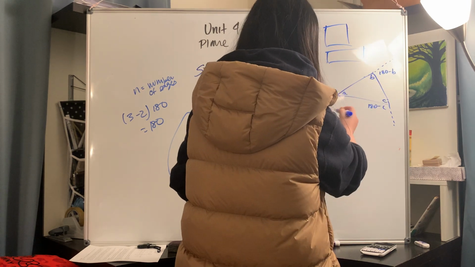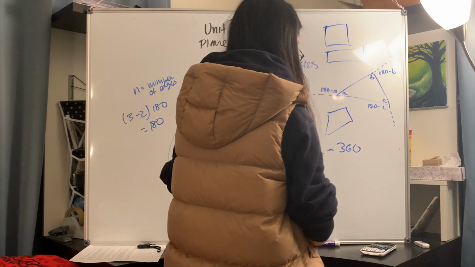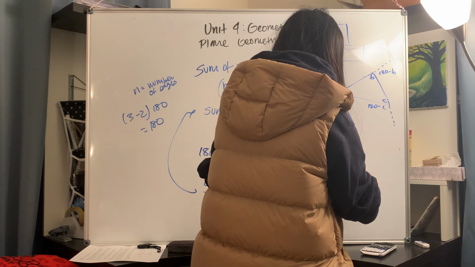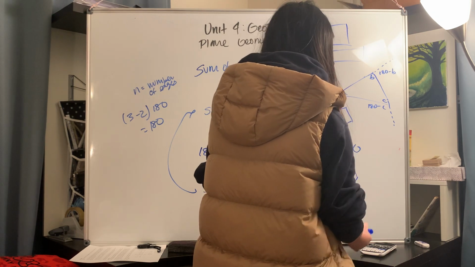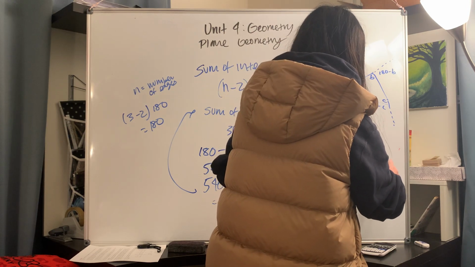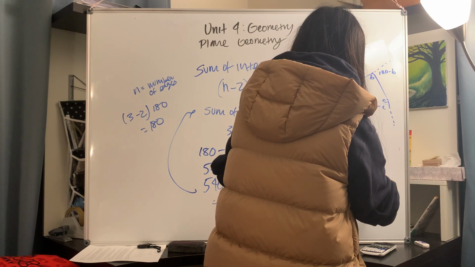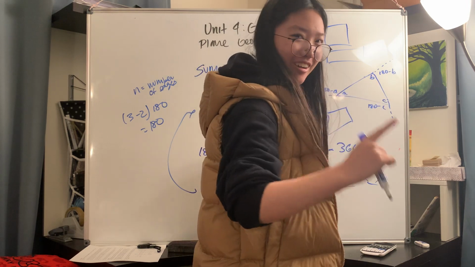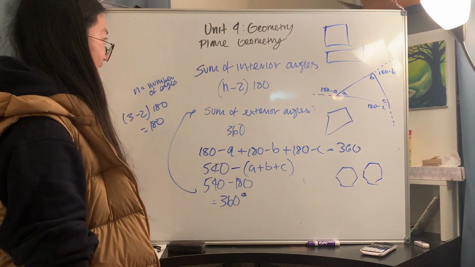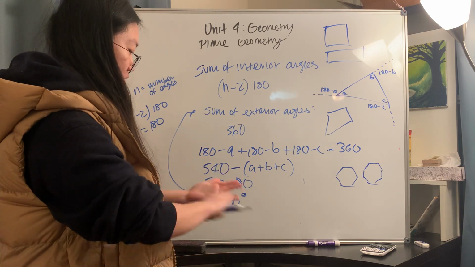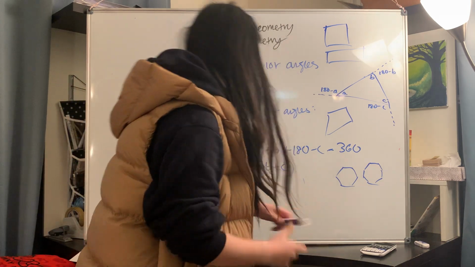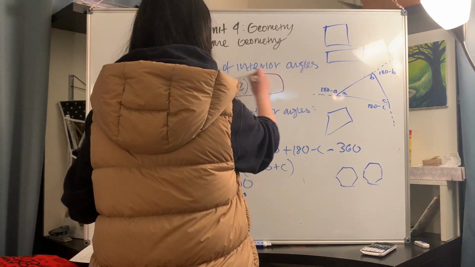It includes kites, hexagons, octagons, heptagons, which means that they have 7 sides. I don't know how to draw a heptagon, unfortunately. I would love to do a proof about this, but for now, for your problem sets, you guys just need to remember these 2 items.